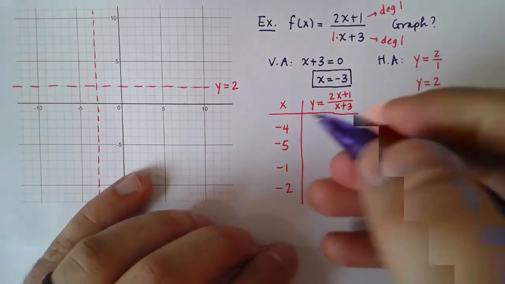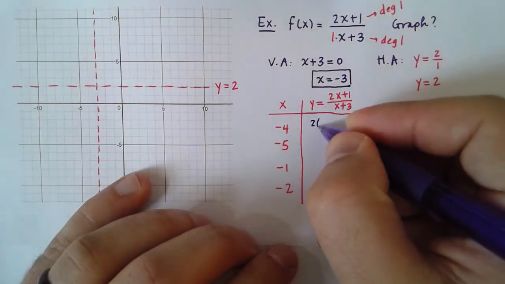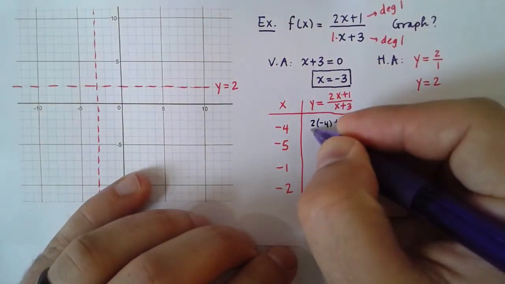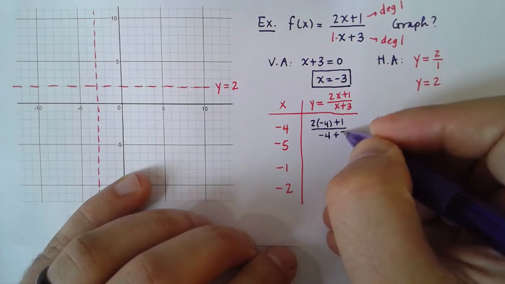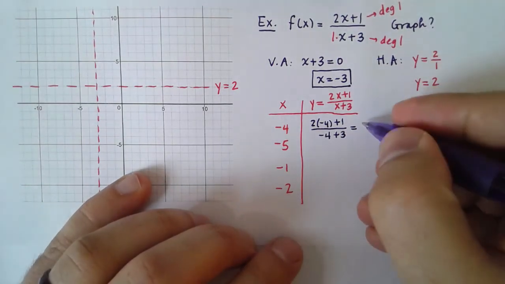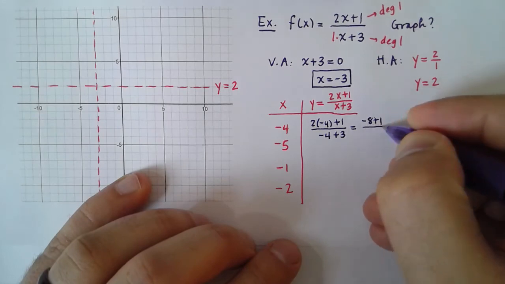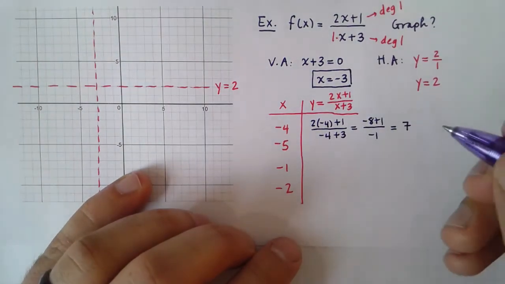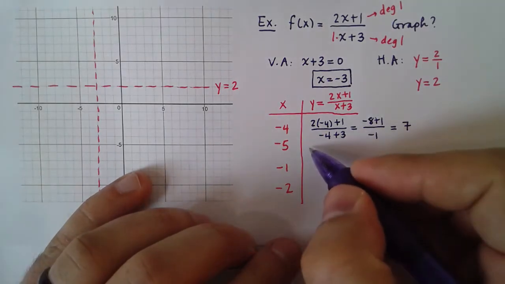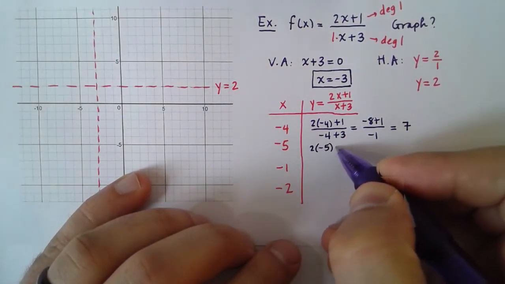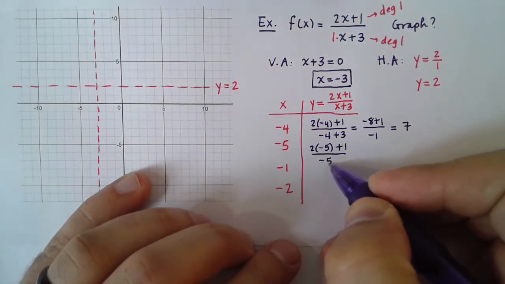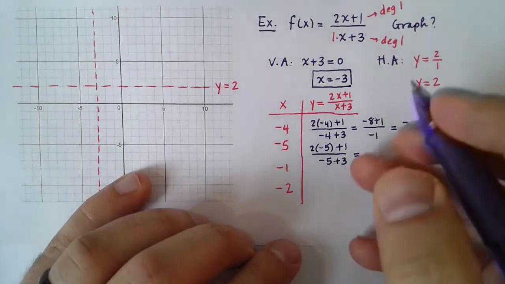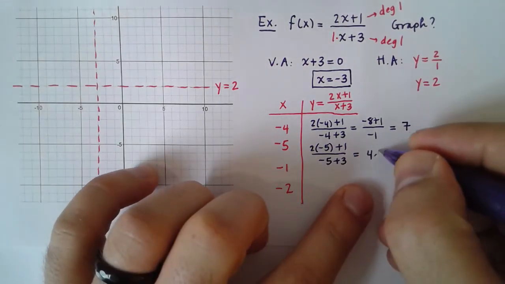Then you can plug in those points. For example, if I plug in negative 4, it's going to be 2 times negative 4 plus 1 divided by negative 4 plus 3, which is negative 8 plus 1 over negative 1. So it's going to be 7. If you plug in negative 5, it's 2 times negative 5 plus 1 divided by negative 5 plus 3. If you calculate this, it's going to be 4.5.